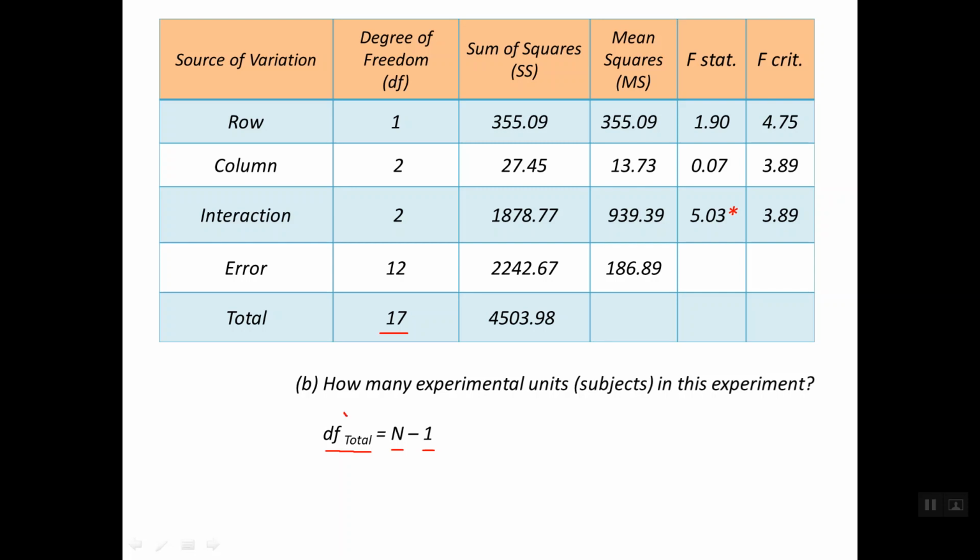The degree of freedom total is known, while the missing is the value of N. So if you solve for N, N is equal to the degree of freedom total plus 1. So we have capital N equal to 17 plus 1, which is equal to 18.